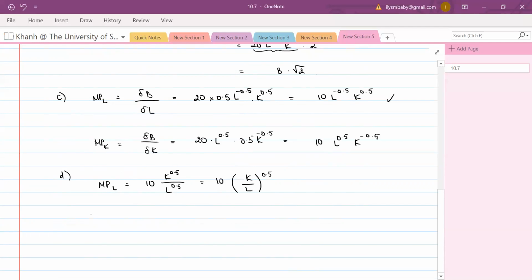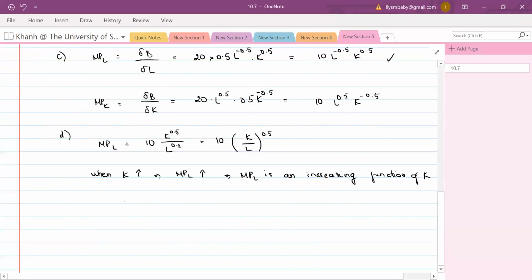So therefore it's obvious to see that when K is increasing, marginal product of labor is increasing, so MPL is an increasing function of K. And because L is on the denominator, whenever L is bigger, the ratio K on L is going to become smaller, and so marginal product of labor is going to be smaller.